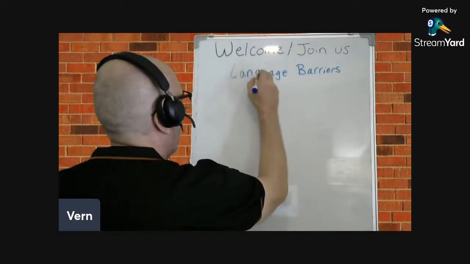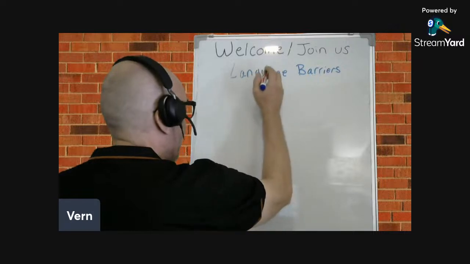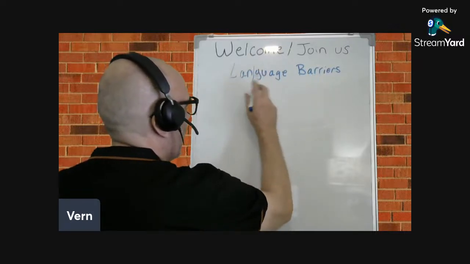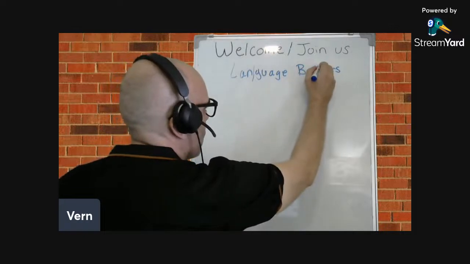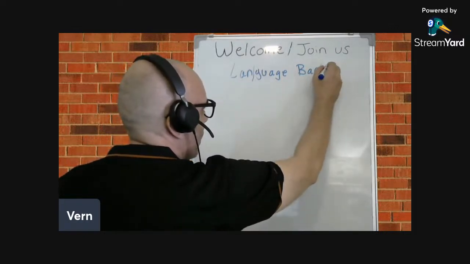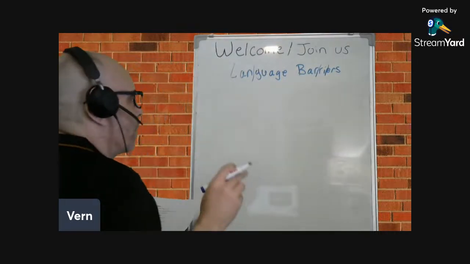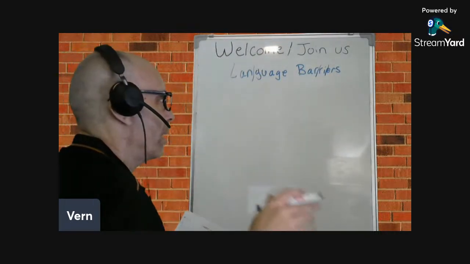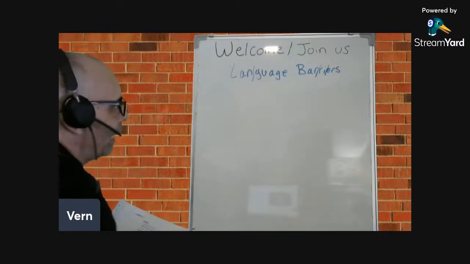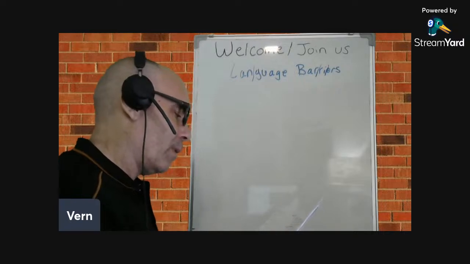Language, lang, language. All right, we're going to put it here, syllable. Language barriers. Split it at the double consonant R. Barriers. Barriers. 3 syllables. Make sure each one is strong. Barriers. Language barriers. What are some language barriers?